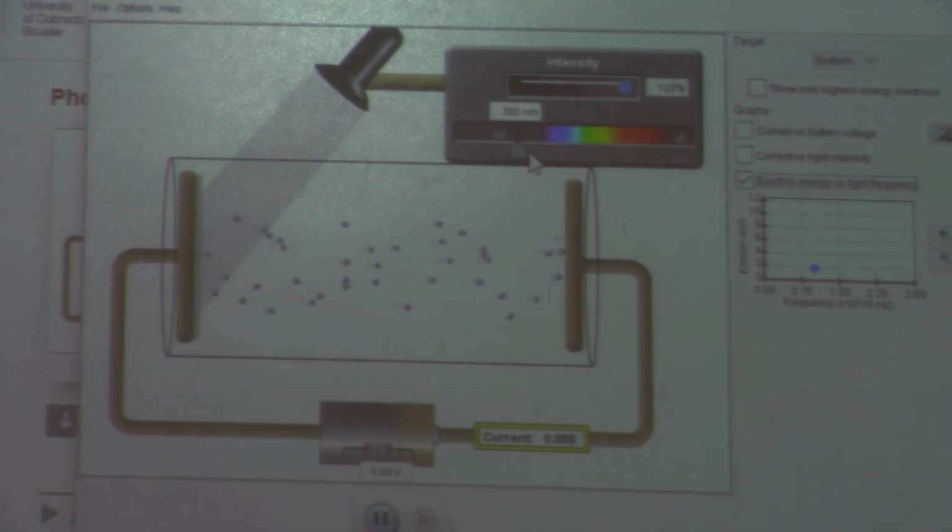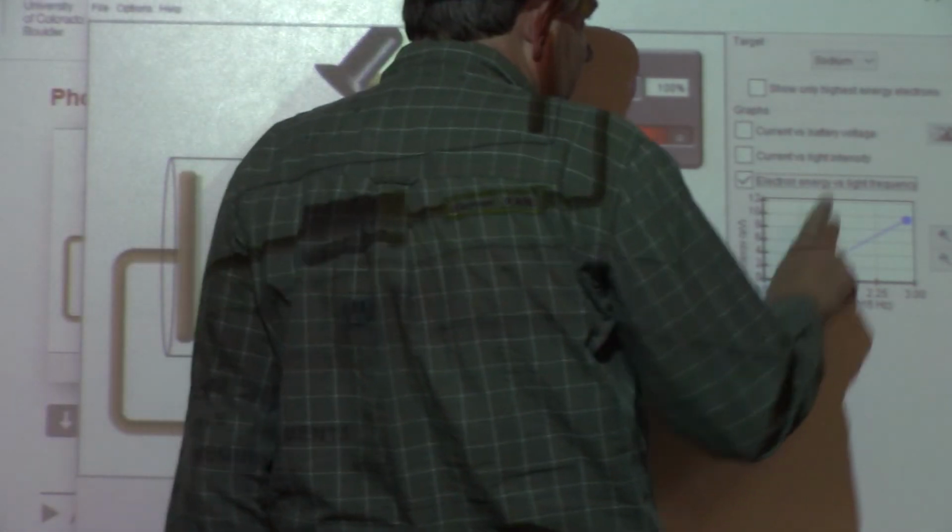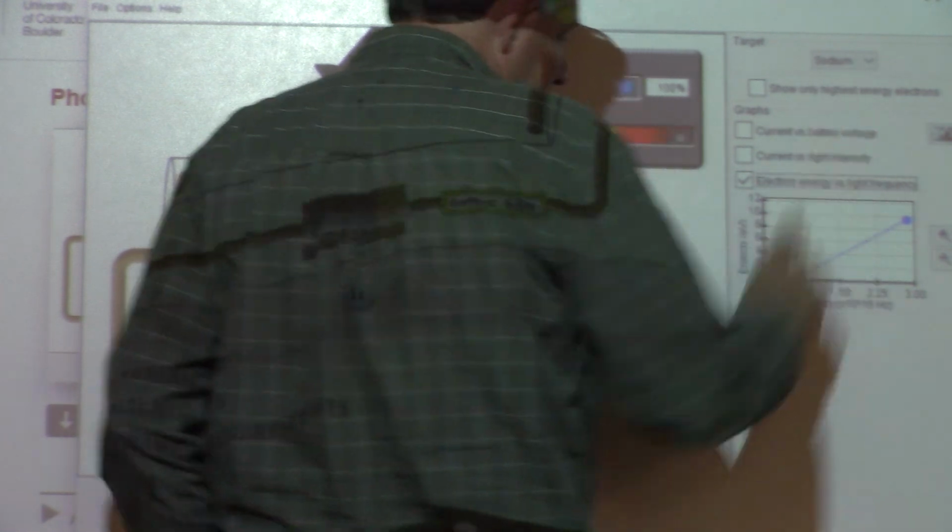So, hold on. So what I'm doing is we're going to do this twice. Now, you're going to kind of have to see this. It's tough. So this is the sodium line, okay?